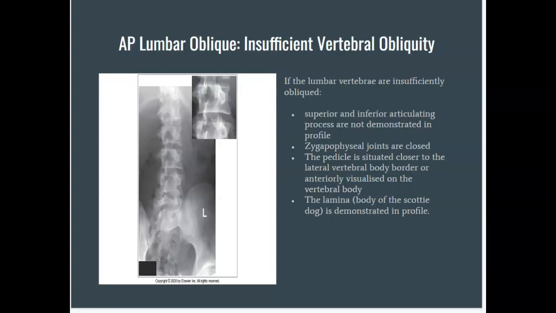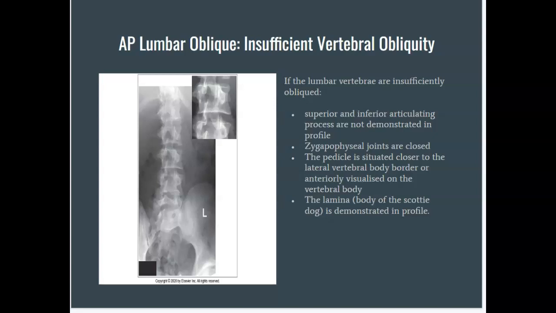So let's move on to talk about insufficient vertebral obliquity. Insufficient vertebral obliquity, or not enough obliquity, where less than 45 degrees, is indicated if the lumbar vertebra is in a position that the superior and inferior articular processes, meaning the ear and the front leg of the Scotty dog, are in profile.